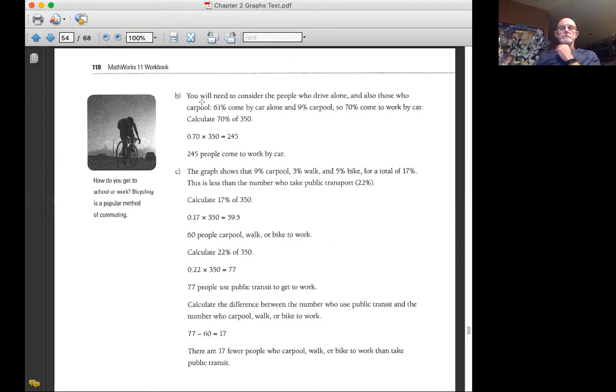B says you will need to consider people who drive alone and also those who carpool. So if you wanted the total number that come by car, whether they carpool or not, the easiest way is to combine the two percentages and then multiply that by 350. And so that's what they've done here.